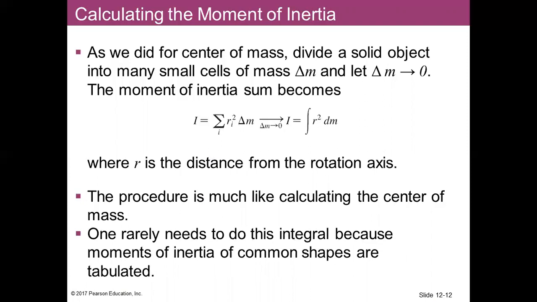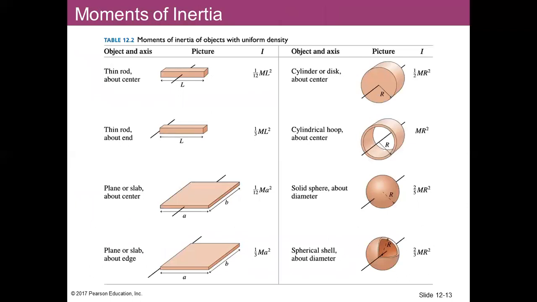One really needs to do this integral, but the moments of inertia of common shapes are tabulated. Let's consider this table. For a thin rod, we have the formula I equals 1/12 m L squared, for rotation about the center.